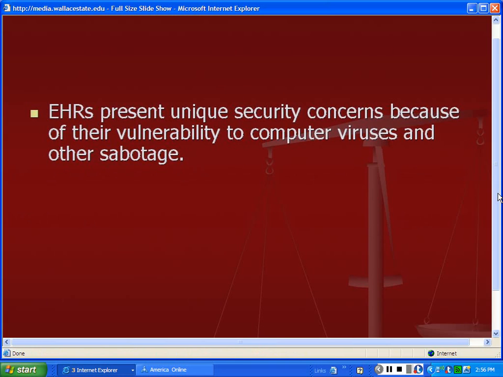How many have had their computer crash before? What if that happens with all of patients, or thousands and thousands of patients and their information? What happens? And so sometimes these things can be intentional, other times it's not intentional.